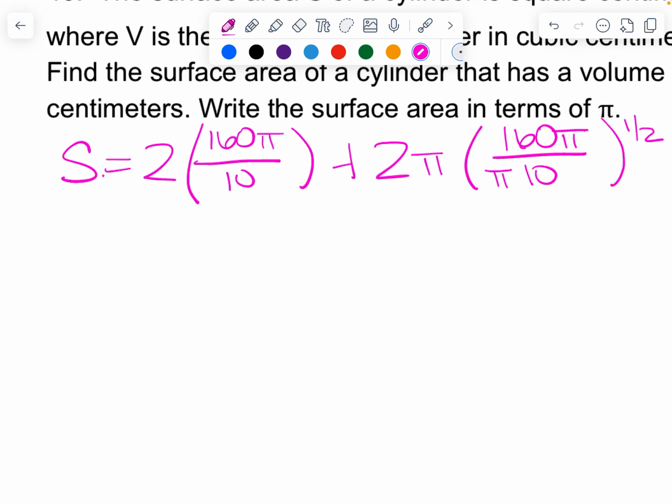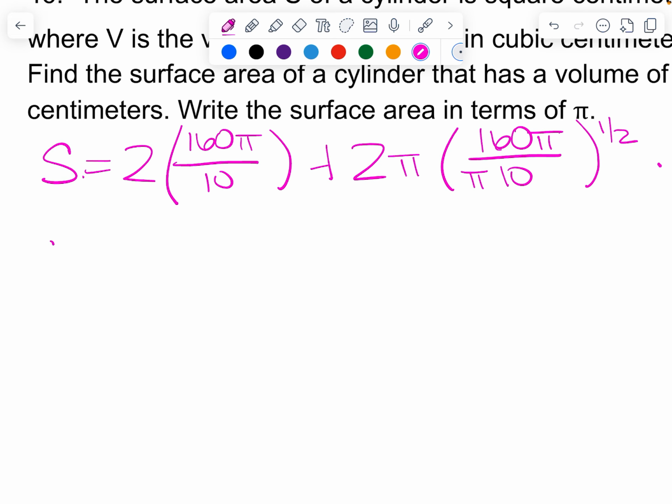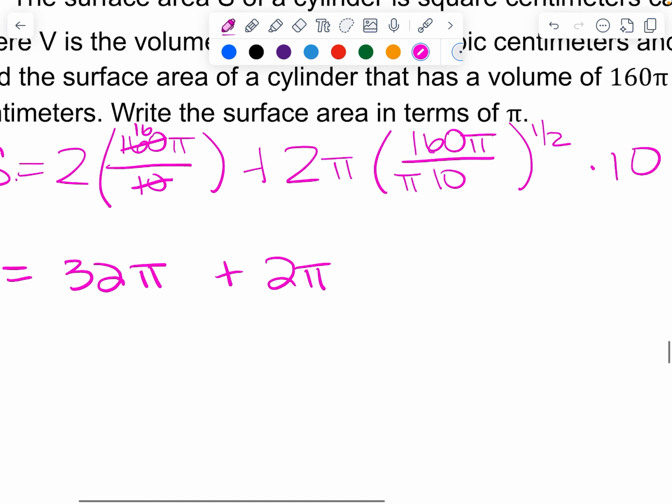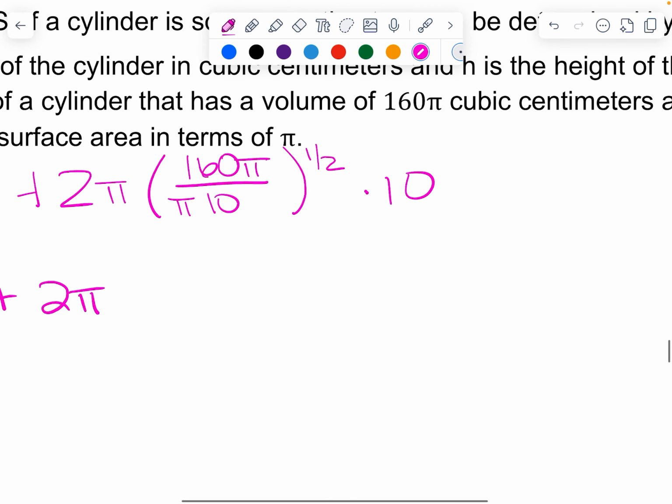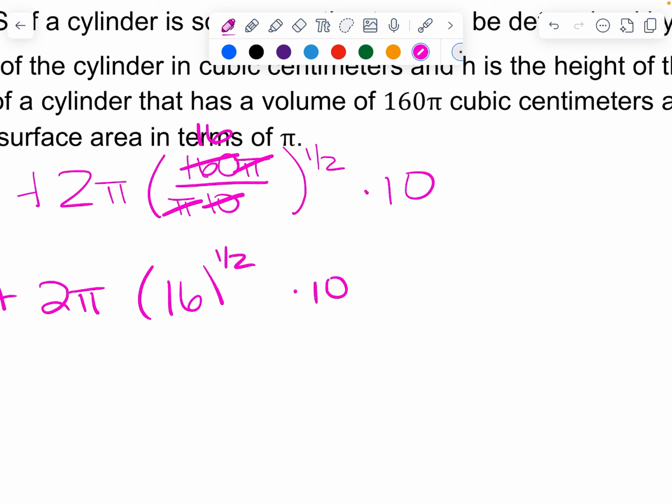Okay, so let's simplify this. So this cancels with this, and we get 16. So 32 pi plus 2 pi. 10 goes into 160 16 times. The pi's cancel out. So I'm finding the 1/2 power of 16 times 10.